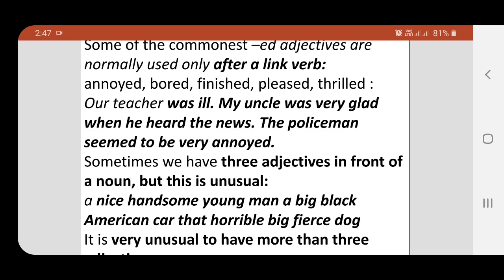My uncle was very glad when he heard the news. The policeman seemed to be very annoyed. To be, that is the verb. So ed adjectives are normally used after a link verb.